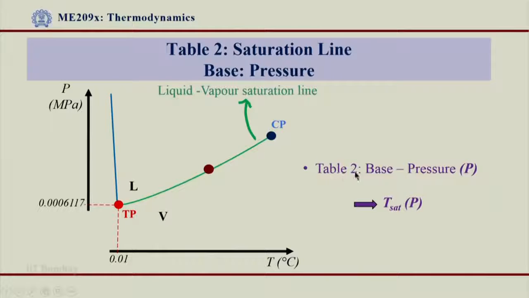So now I say instead of temperature the pressure is the base. So I will go in the opposite direction to what I have done earlier. I will locate the pressure, since I have been given pressure as a given quantity, go horizontally, see the intersecting point with this line, and corresponding to that I will now get the temperature.